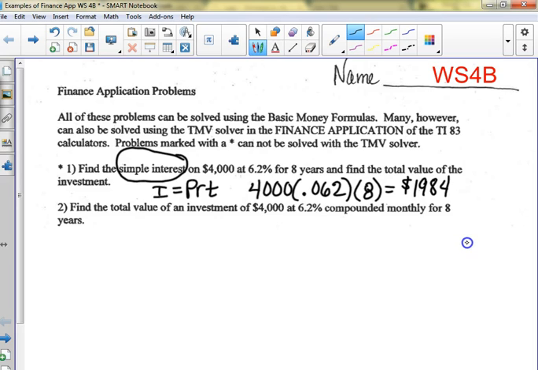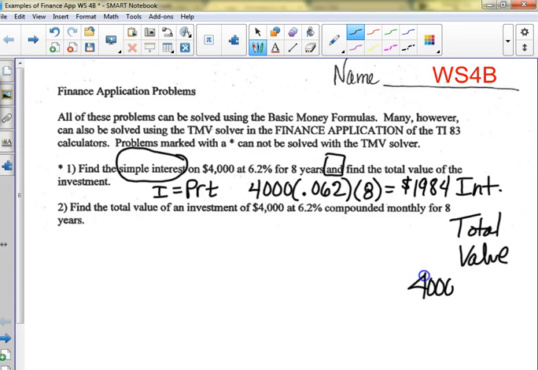That's the interest only. So it says find that and find the total value of the investment. Okay, this wasn't a loan, it was an investment. So this is the interest, but the total value would be the $4,000 we put in plus the interest. So we'd have $59.84.